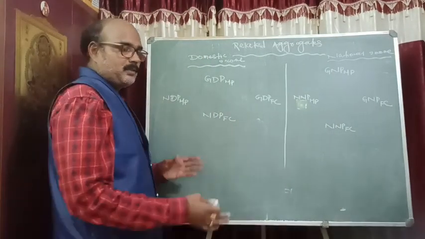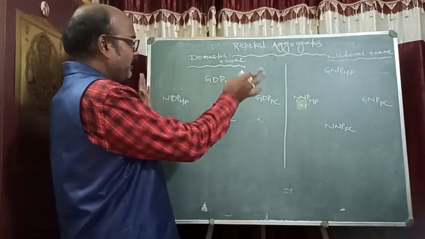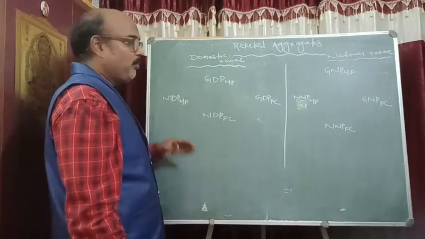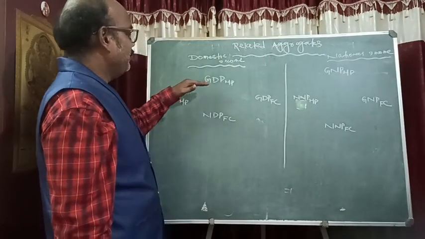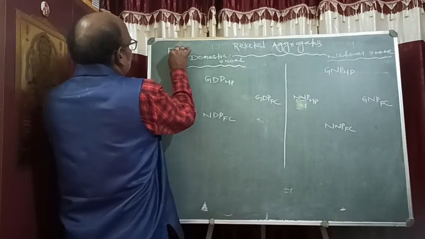So let us see what the relation is between the first 4, the 4 related aggregates of domestic income. I can write 4 related aggregates.